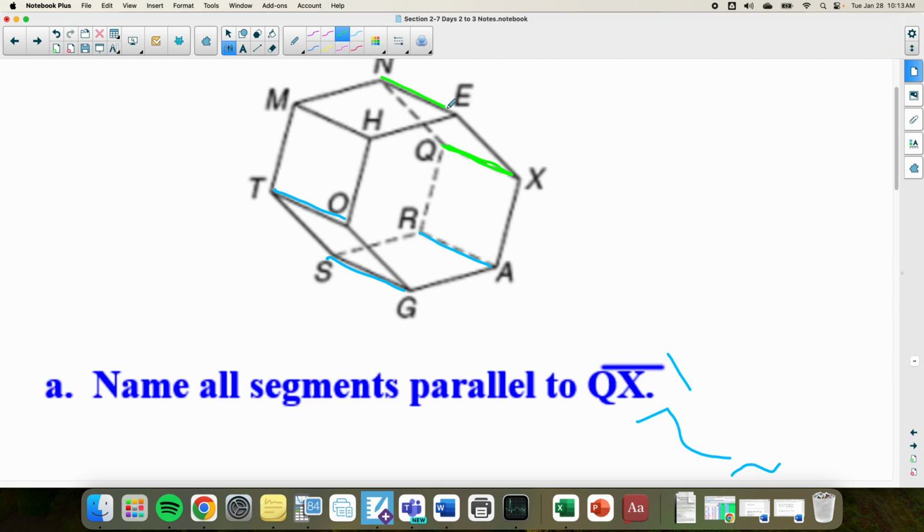NE is correct. One more. MH. Oh, why did I use green there though? Yes, and MH. You guys are right. So in that hexagon, the ones that would be parallel would be going around that inside of it. Okay, like going around that and finding all of those.